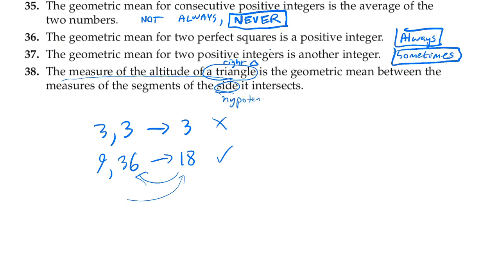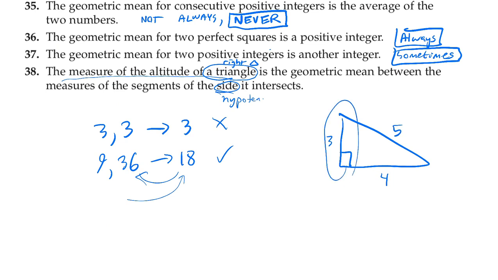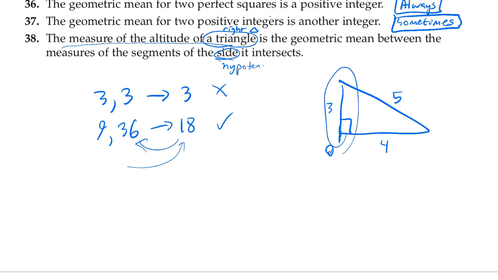So if you have, for example, a right triangle like this, a 3, 4, 5, and you're talking about this altitude, it cuts the bottom side into segments of 0 and 4. And so you would say 3 is the geometric mean of 0 and 4. I don't think it is, right?